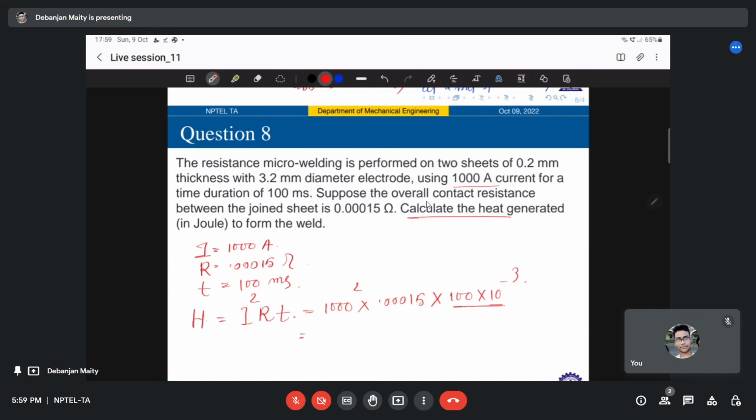So this is 10 cube squared, 10 to the 6, into 10 to the minus 3 into 100 into 0.00015, which is 15 into 10 to the power minus 5, and so on.